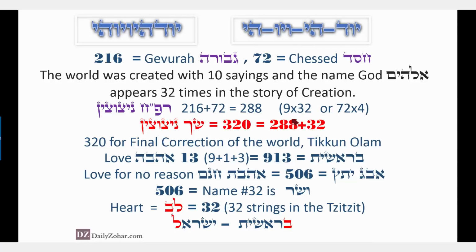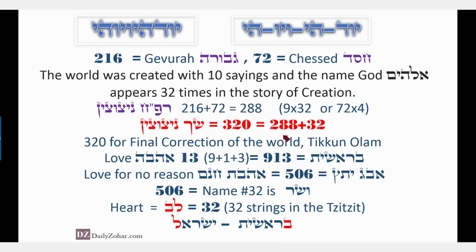Why don't we do all the 10 Sefirot? Because since we are in Malchut, our portion is 32. Because the world was created actually with 320 lights, and the 9 Sefirot of Light has 288, which is a result of the breaking of the vessel, and these are things that you can study in the Ten Luminous Emanations, the Tree of Life from the Ari.